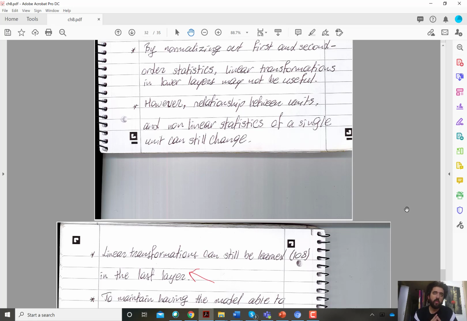After batch normalization, the network becomes a different network. It's less capable than the original network because linear transformations can only be learned in the last layer, and all the intermediate layers are learning nonlinear statistics.